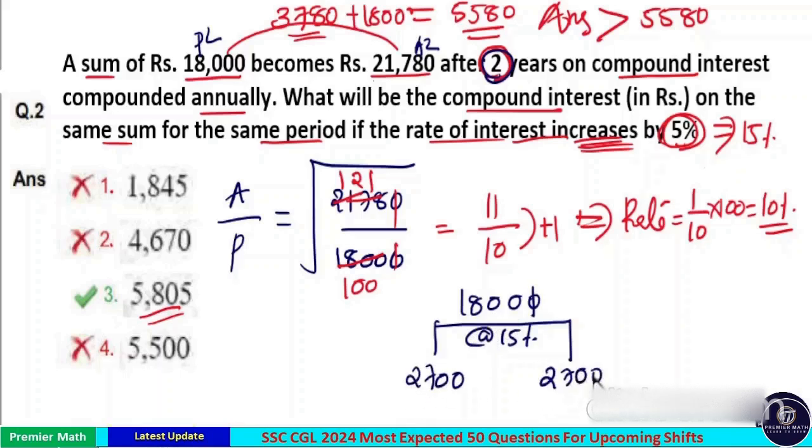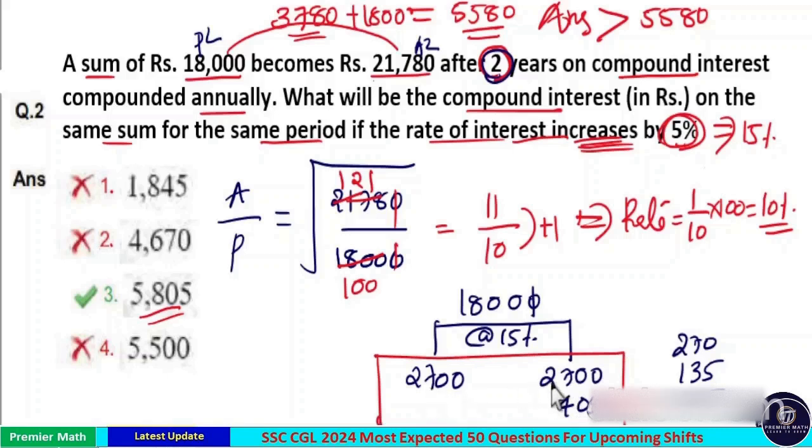So in the second year also 2700 is generated, and in the second year also 15% of 2700, that is interest on interest, is added. 10% is 270, 5% is half of 270, that is 135. So 15% is 405. At the end of 2 years, total interest generated is 2700 plus 2700 plus 405. So 27 plus 27 is 54. So this is equal to 5805. Option 3 is your answer.